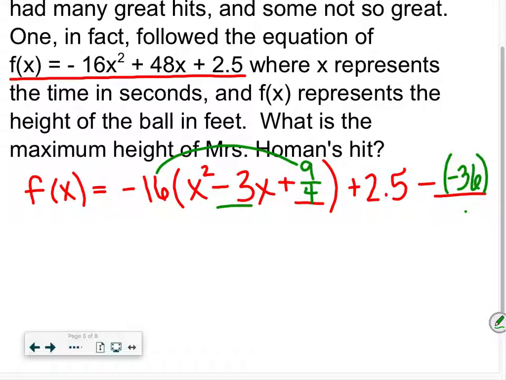So since this 9/4 that I wrote in is being multiplied to this coefficient that we factored out, that's the number that we're really adding, so we have to subtract it. Okay? Also notice how this number is negative, so we have to subtract a negative number to balance it out. Okay?